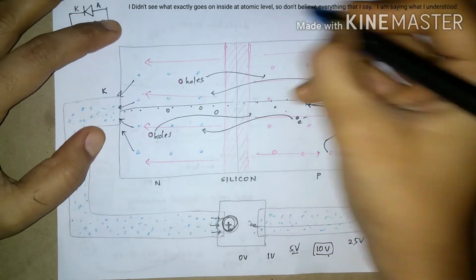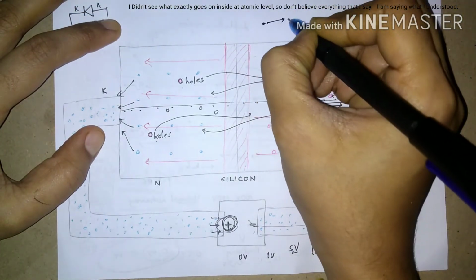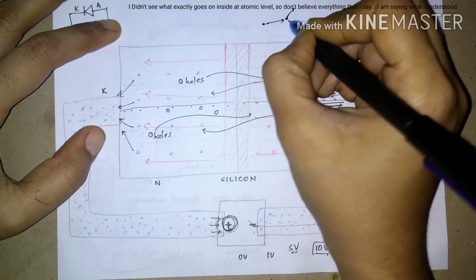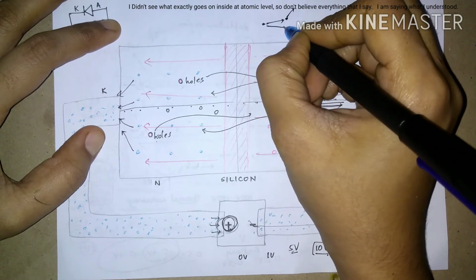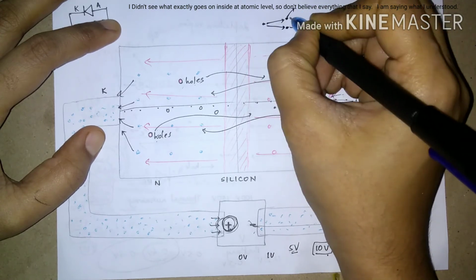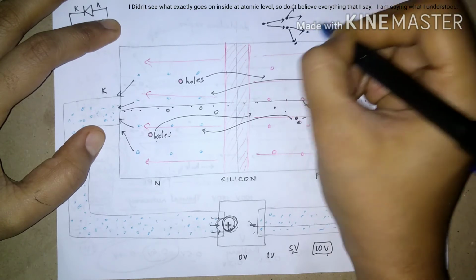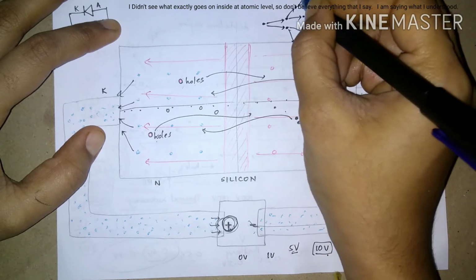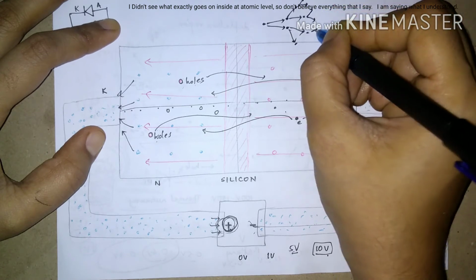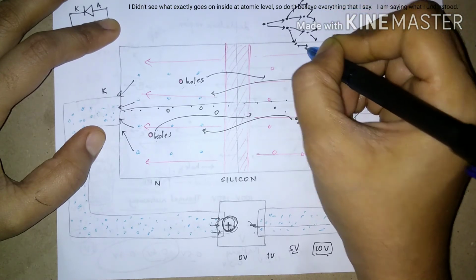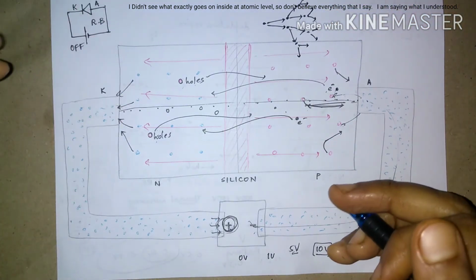Again something like one coming and hitting, and this goes and hits the other atoms. Like that, some kind of carrier multiplication is happening once it reaches a level of voltage.